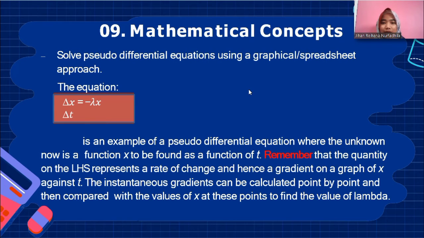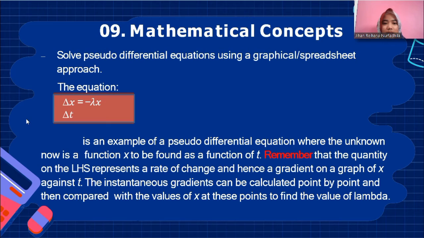Okay, we move to the next material, which is a mathematical concept: solving a differential equation using a graphical or spreadsheet approach. The equation is delta x over delta t equals negative lambda multiplied by x. This is an example of a differential equation where the unknown is a function x to be found as a function of t.